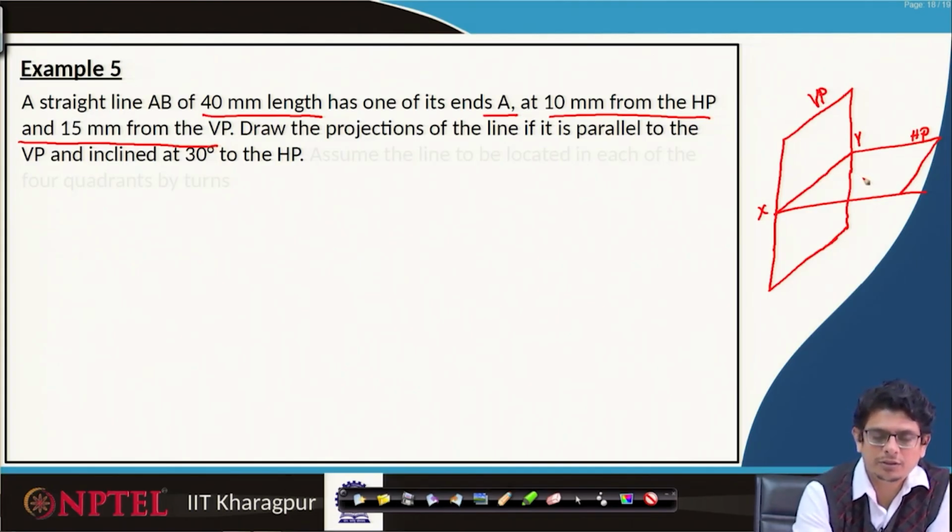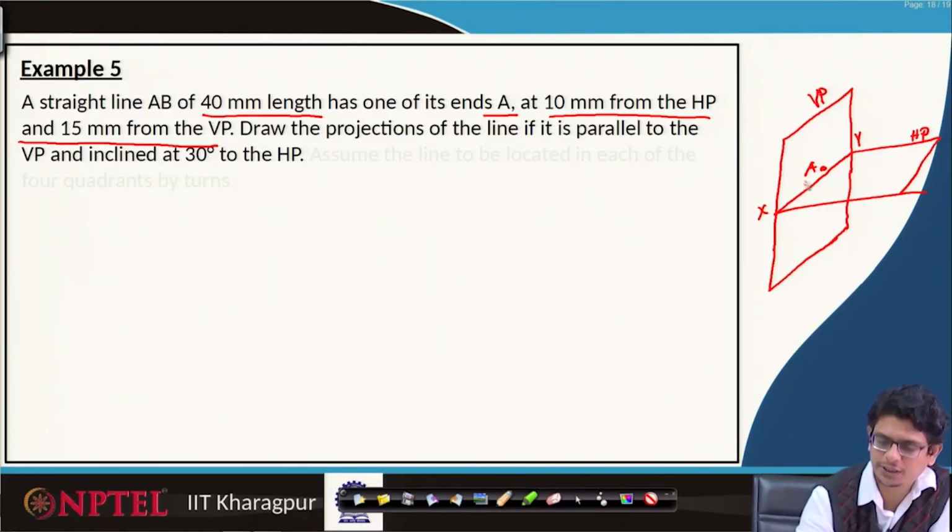So, if we are making a guess, this point might be above horizontal plane at 10 mm and above that maybe 15 mm, let us use, if it is 10 mm and 15 mm, somewhere here I can locate the point. So, this point let us call A, somewhere in the 3 dimensions.